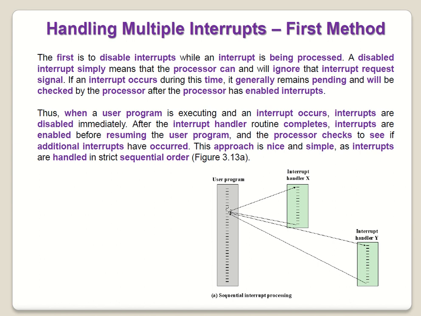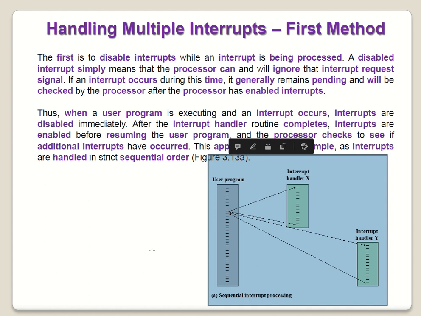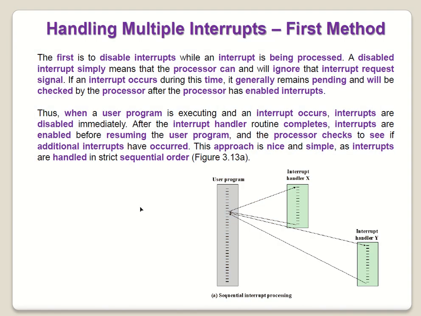The CPU suspends the execution of the user program, saves the context, and jumps to the handler for device X. While the CPU is executing this handler, interrupts are disabled. Nobody can send the interrupt request signal.